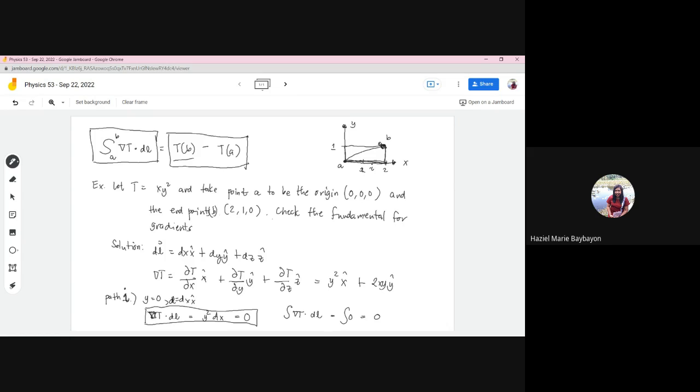Now, for path number 2, the constant as you go up is x. So x equals 2, and your dl is equal to dy, right?